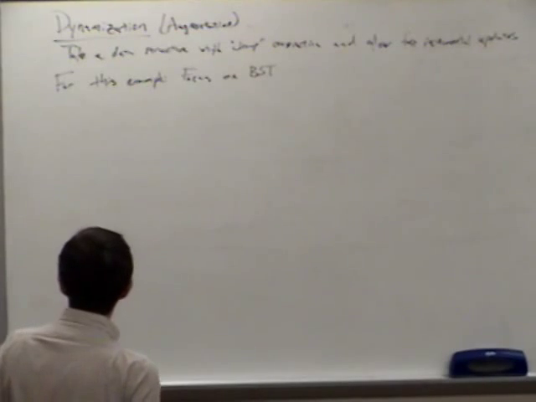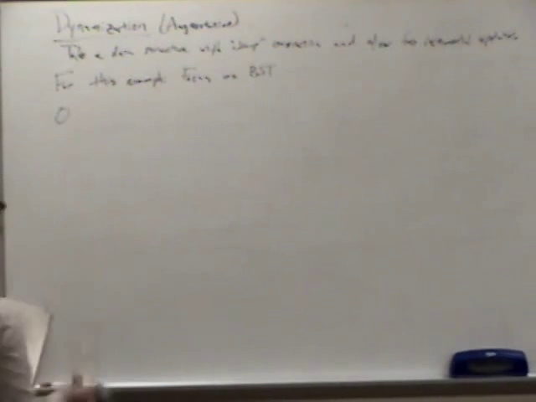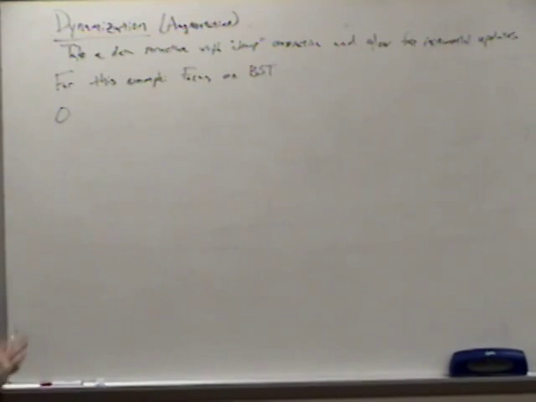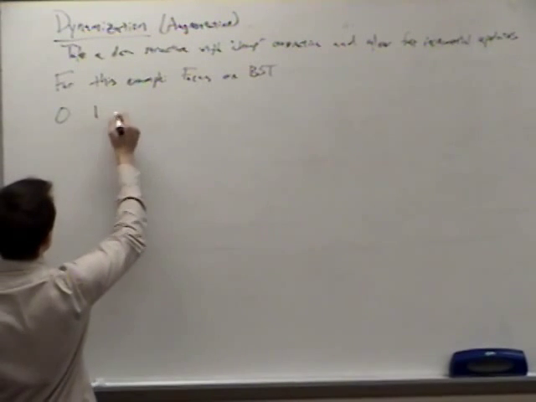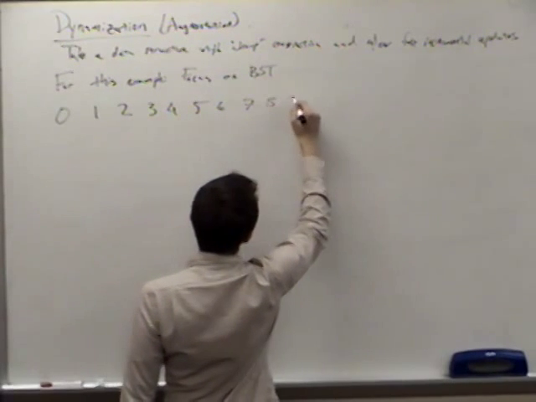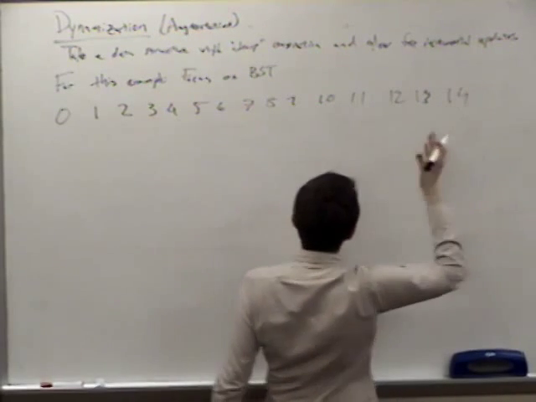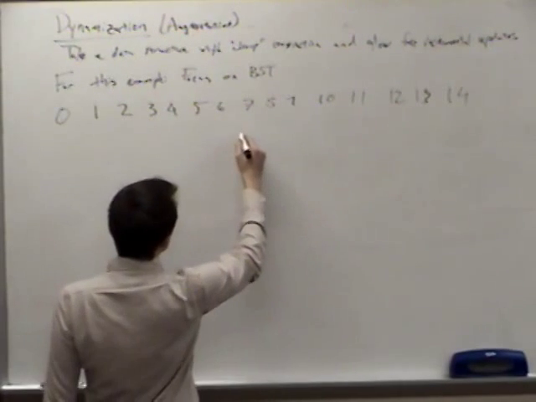So, okay, let's draw a picture of a binary search tree. So remember, binary search trees, they just store sorted lists of elements, right? So we'll start with this list, 0, 1, 2, 3, 4, 5, 6, 7, 8, 9, 10, 13, 14. So it's 15 elements there, and we'll build a tree out of these things.